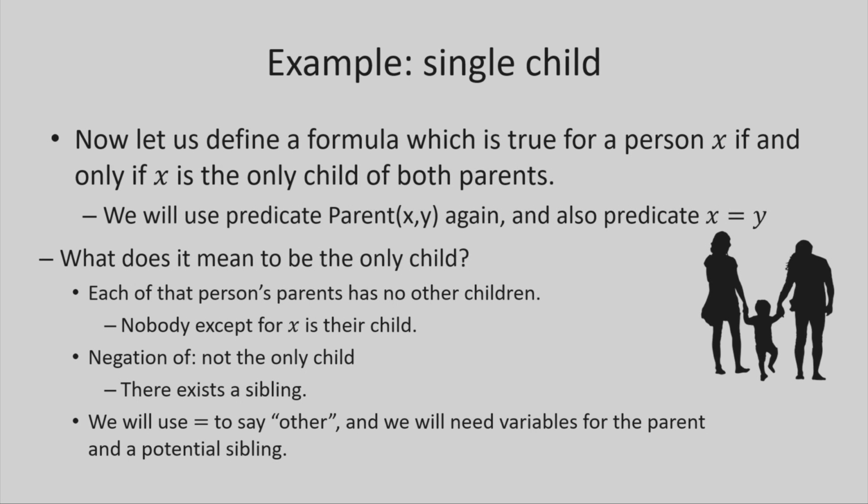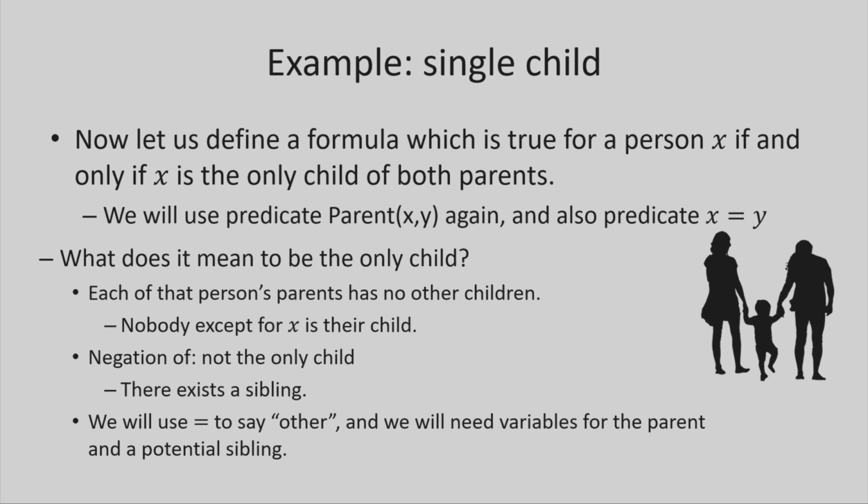This time, in addition to using predicate parent XY, we will also need the predicate X equals Y because we would need to say things like this child is different from that child, even if they have exactly the same parents. So what does it mean to be the only child?